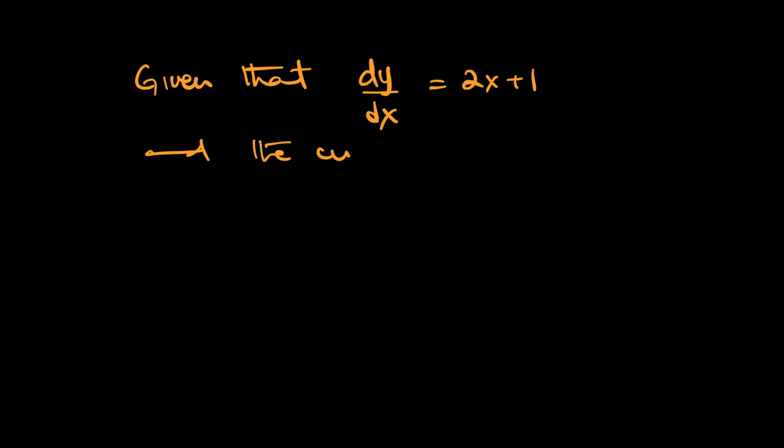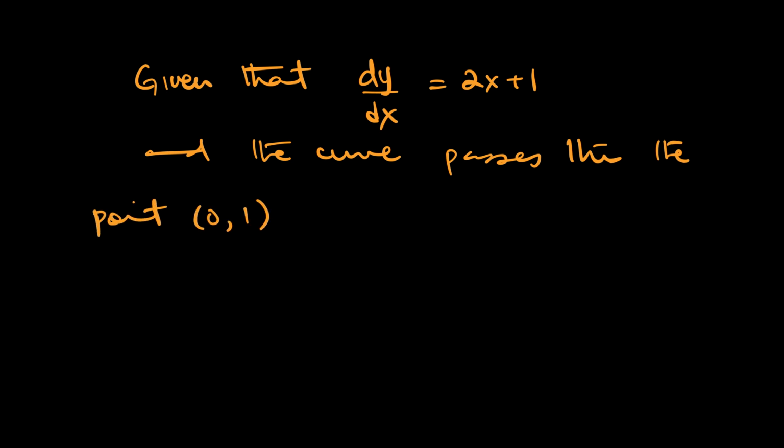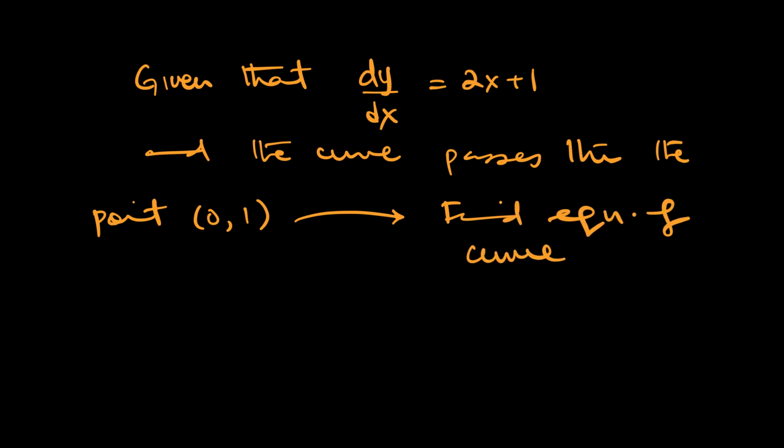Now let's do exactly the same question. Given that dy by dx is equal to 2x plus 1 and the curve passes through the point (0, 1). And the question that is asked is find the equation of the curve. Now we will do it from a different perspective.